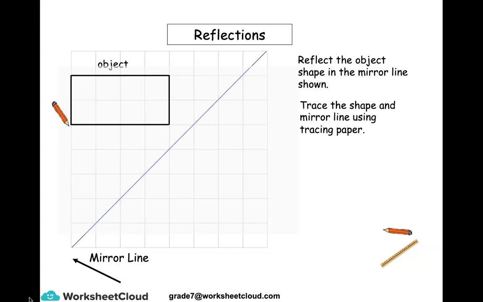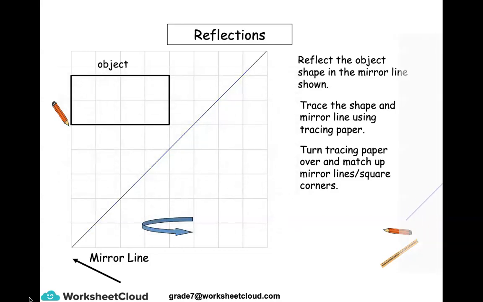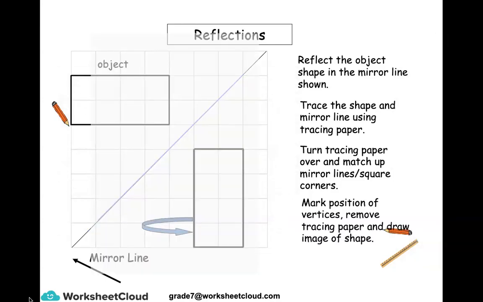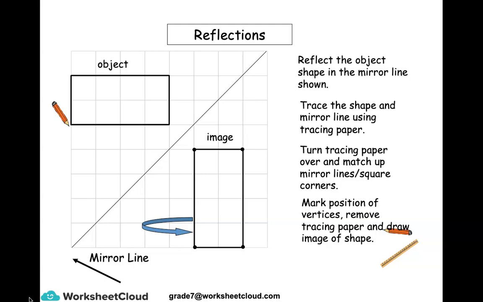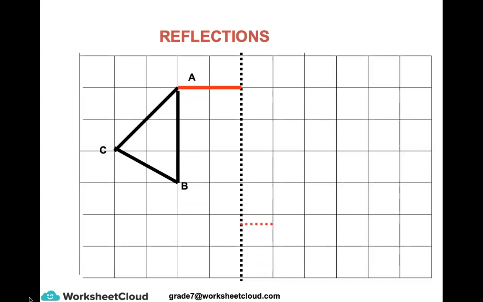Fold the object over that mirror line, and you will see that the image comes out slightly differently to a horizontal or vertical mirror line. So just make sure that you are using tracing paper and folding over the mirror line as accurately as possible.